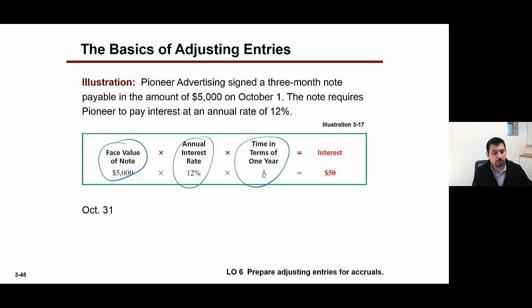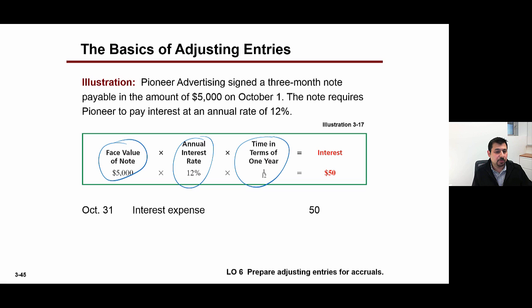So what happened here? Before the adjusting entry, the company hadn't recognized this interest that has accrued. In order to recognize the interest expense, the company debits the interest expense because it has increased.